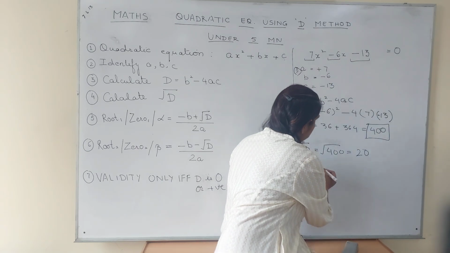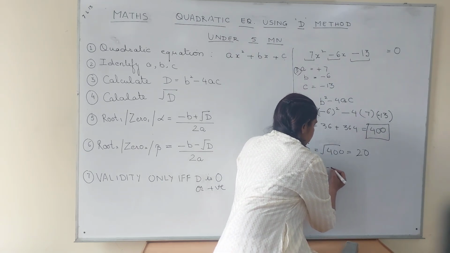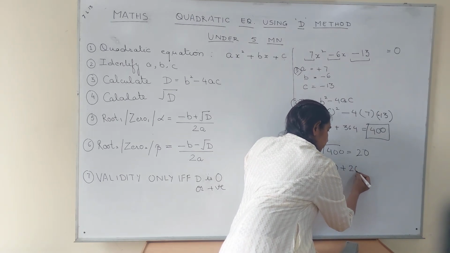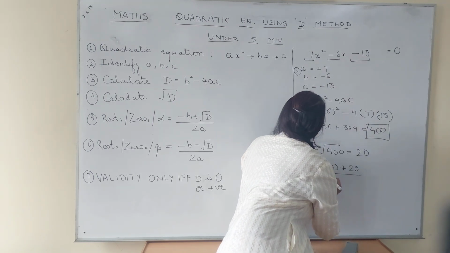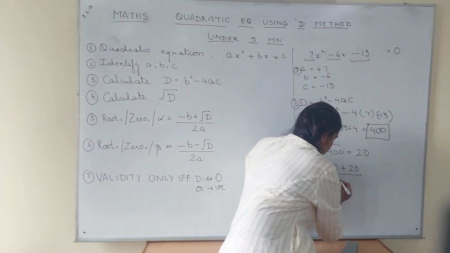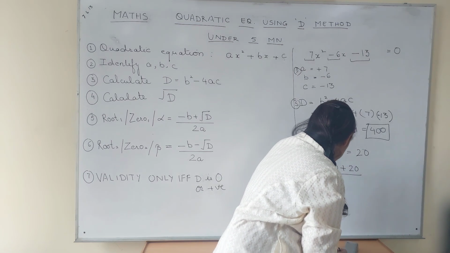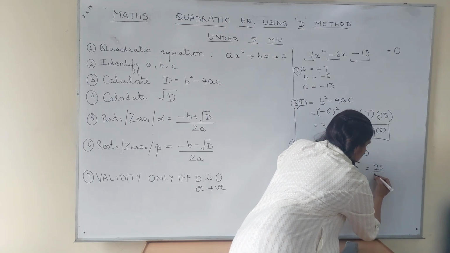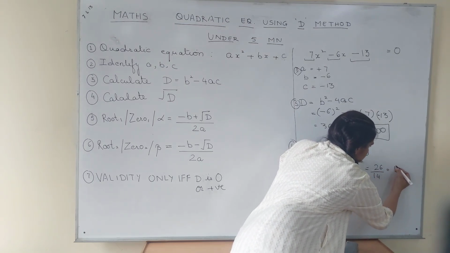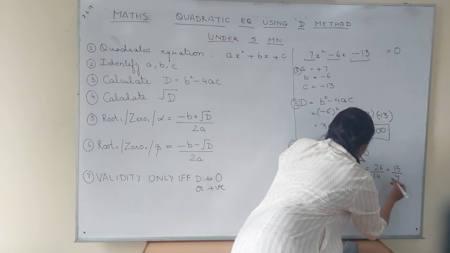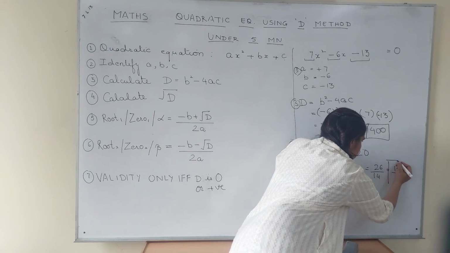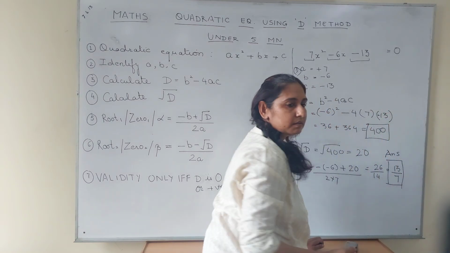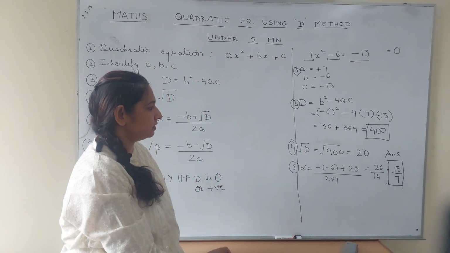Minus b means minus of minus 6, plus root D means plus 20, upon 2a means 2 into 7. So we have 26 upon 14, that is 13 upon 7. So one of the roots that we get is 13 upon 7.